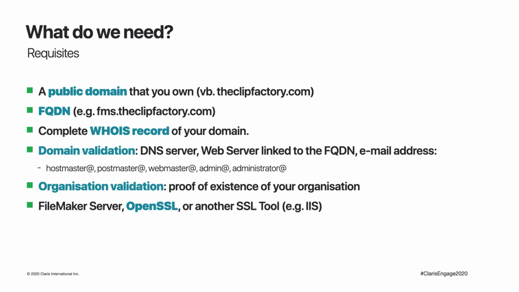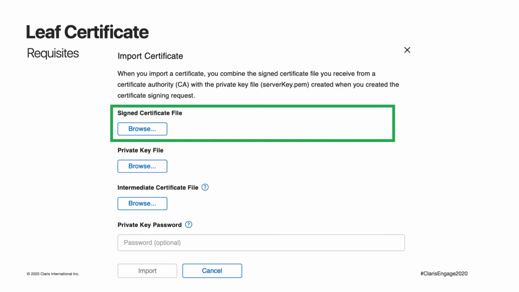And next to that, you need a FileMaker server, OpenSSL, or another SSL tool to be able to create the necessary documents. Let's go through it step by step. First of all, what does the FileMaker server need? The FileMaker server needs a signed certificate file. This is our leaf certificate.